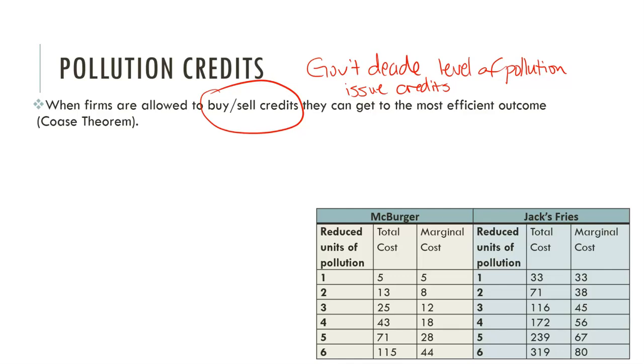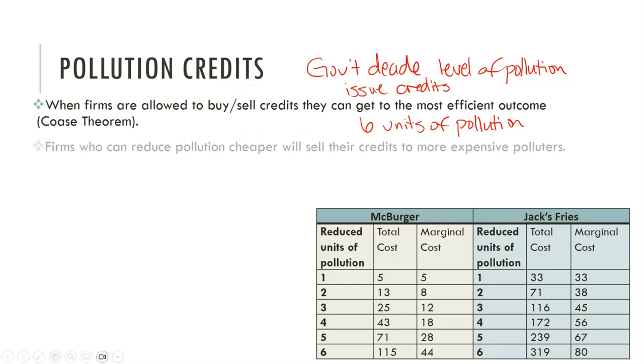So we're just doing this in units. Each firm has up to 6 units of pollution. And then the government's going to give them a certain number of credits and say you can keep polluting that many, but you have to cut the rest of your pollution. And if you don't have a credit for it, you can't pollute that amount.